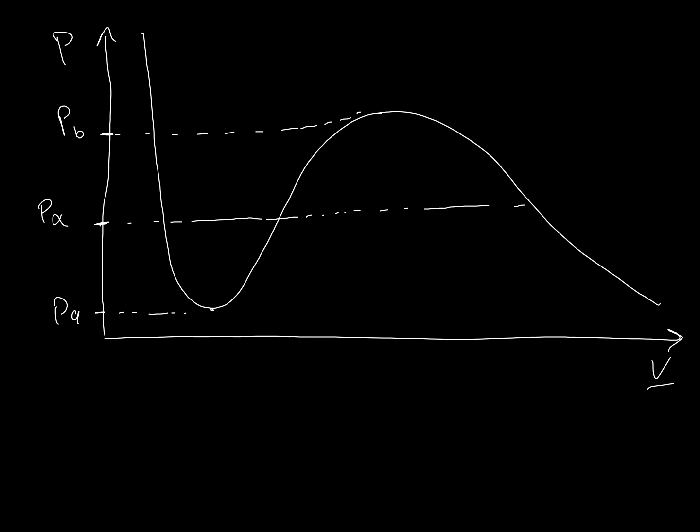So what we're trying to evaluate is the integral from liquid to vapor of V dP. Now this is a little bit different than what we're used to in normal calculus, because normally we integrate with respect to the x variable on our plot. In this case, we're integrating with respect to our y variable.